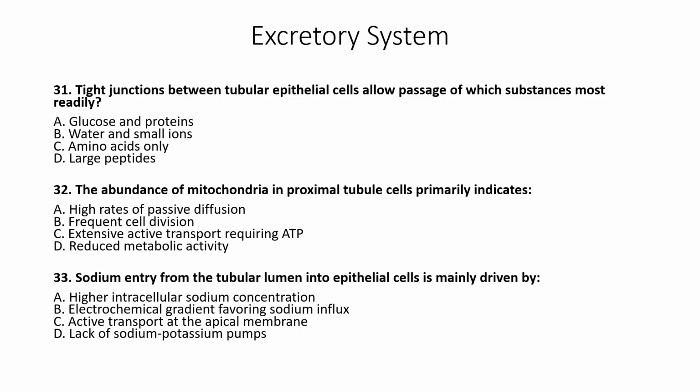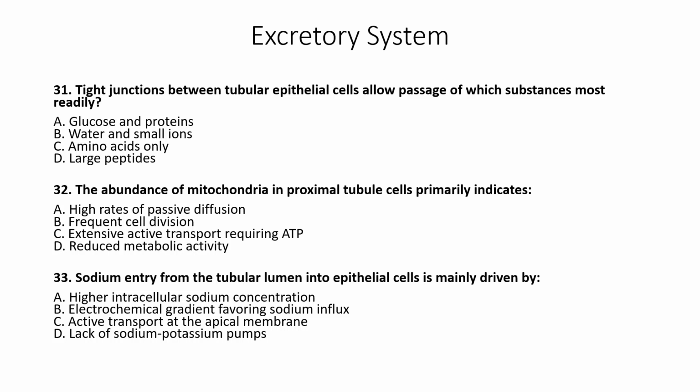So sodium enters epithelial cells because both its concentration gradient, which is higher outside and lower inside the cell, and its electrical gradient favor inward movement of the sodium ions. And the sodium potassium pump, which is on the basal side, keeps intracellular sodium low on purpose, and by maintaining this gradient, indirectly powers many other transport processes.